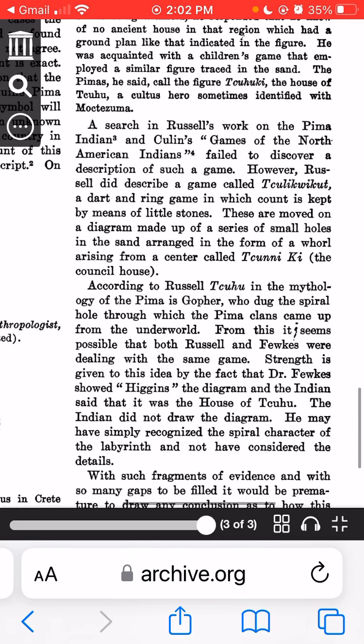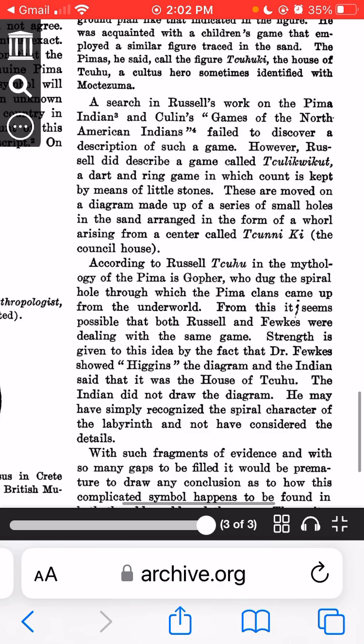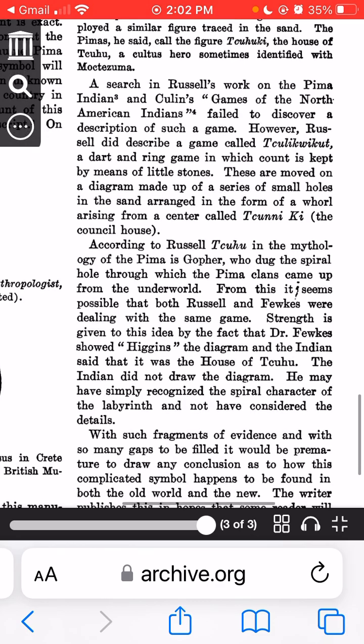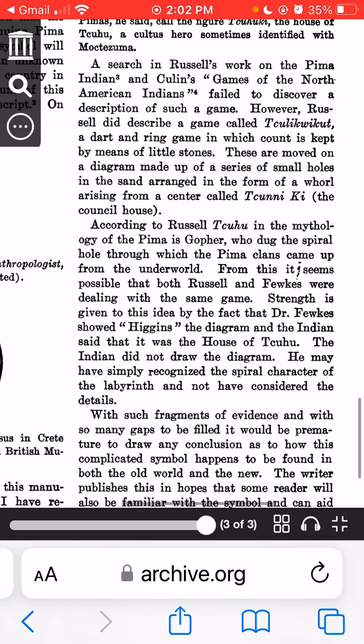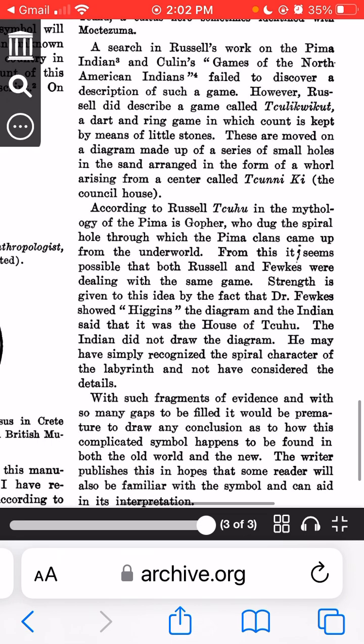A search in Russell's work on the Pima Indian and Culin's Games of the North American Indians failed to discover a description of such a game. However, Russell did describe a game called Tcuhu Liquicut, a dart and ring game in which count is kept by means of little stones.